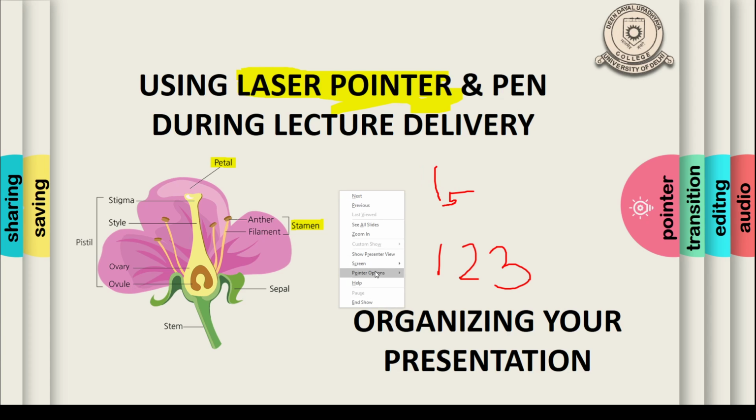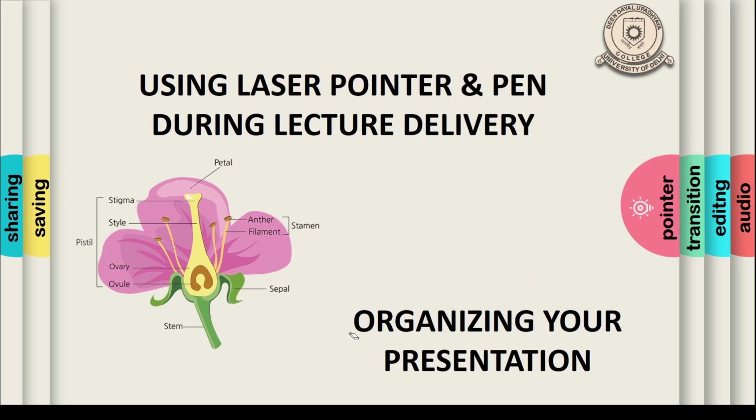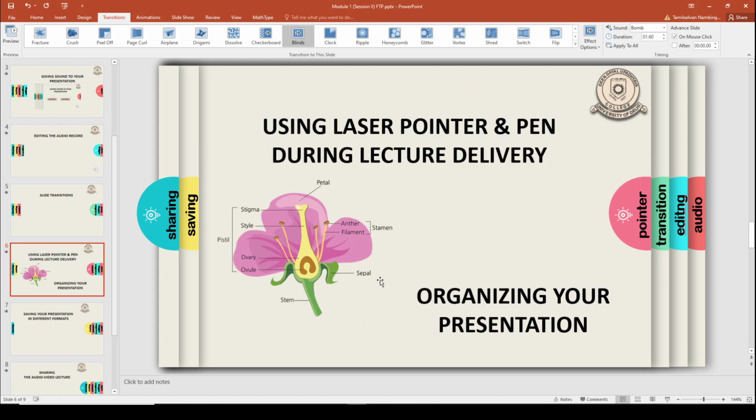But suppose you want to erase the entire thing that you have marked on this slide, you can go to the erase all ink on the slide option and then it gets erased, right? So this is about using the laser pointer and pen during lecture delivery. You can use all these options even during your normal classes when you are physically present with your students.